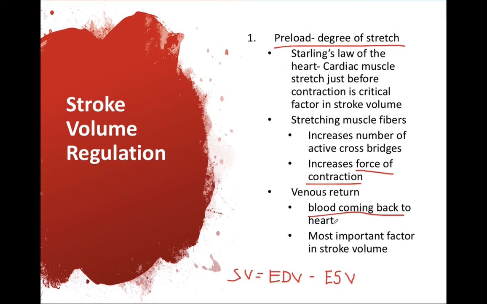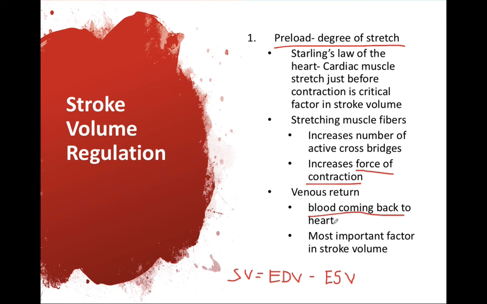So naturally, when there's an increase in heart rate, the duration of ventricular diastole is going to be a lot shorter. The shorter the duration of diastole, the less time there's going to be allowed for ventricular filling. And the less amount of time to allow for ventricular filling, the lower the end diastolic volume will end up being.